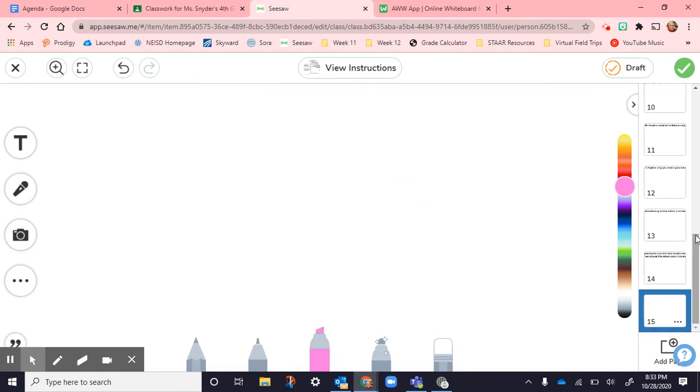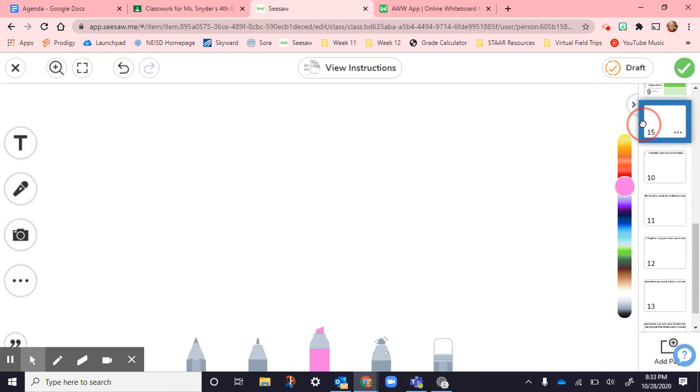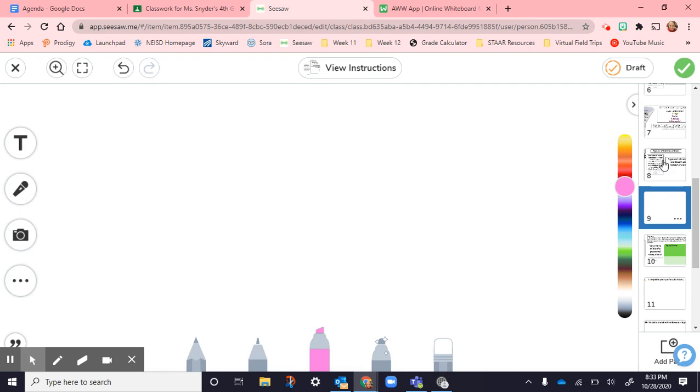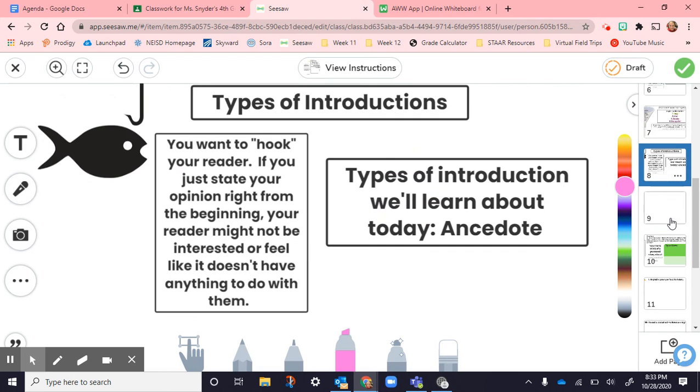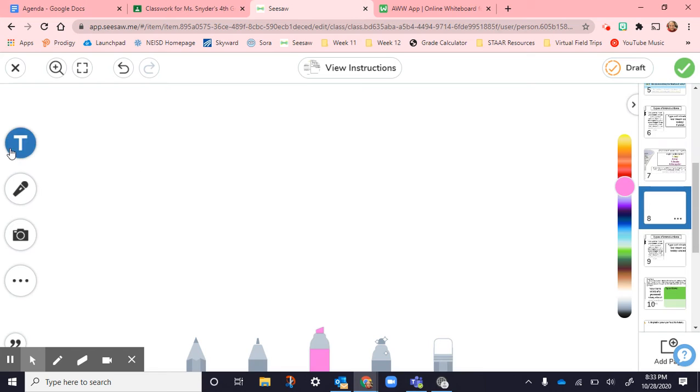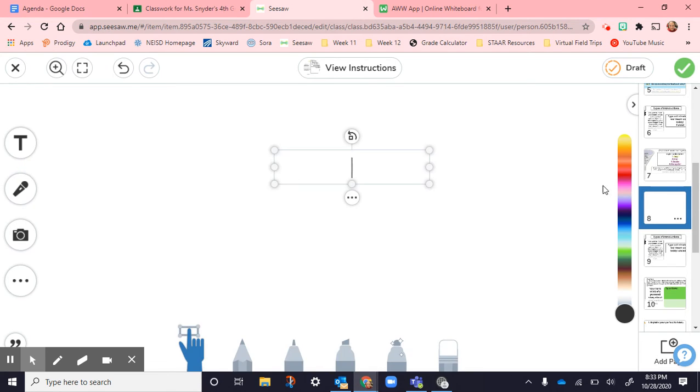We added a page and we put it right after here. Okay, and then we did our own with the one that we had from our benchmark.